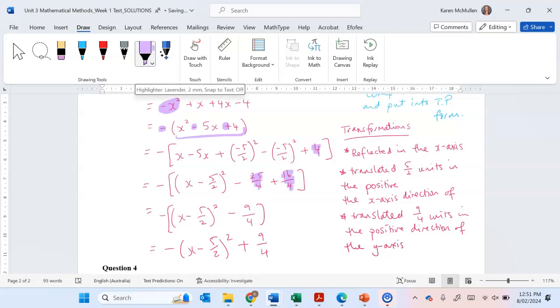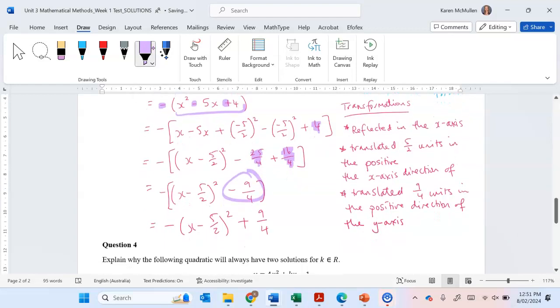Just enables me to add those two fractions together. So -25 over 4 plus 16 over 4 gives me the -9 over 4. Now one last step, I do have to multiply this negative in. So that negative applies to our bracket and also to that -9 on 4. So important here, it becomes a plus.